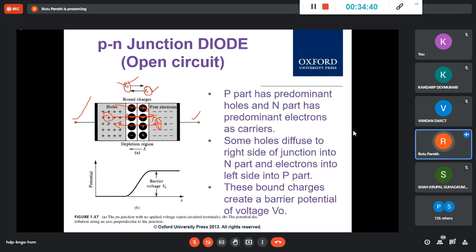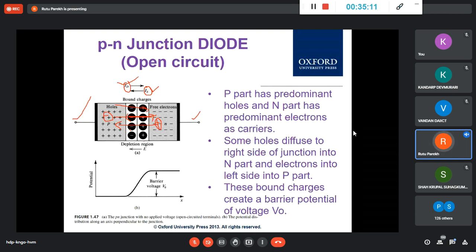This is because of diffusion. So when ID is more, what will happen? More bound charge will be uncovered on both sides of the junction. The depletion layer will widen. Now, when more electrons are moving this side, two came here and three went that way, so one is extra here. Because of that, this will widen.